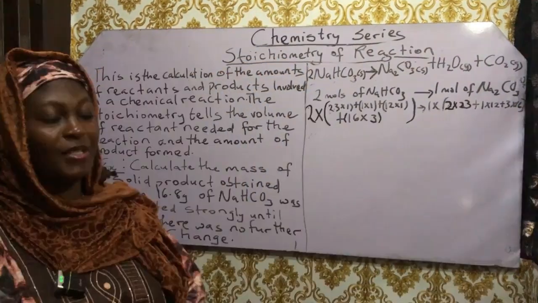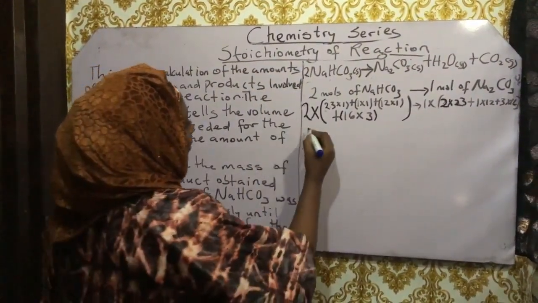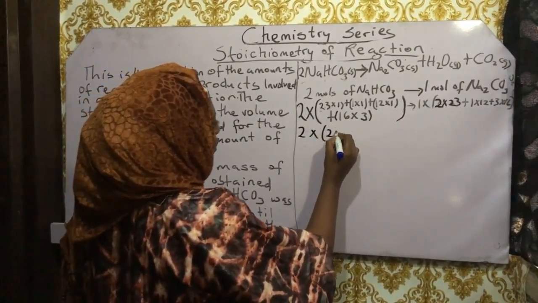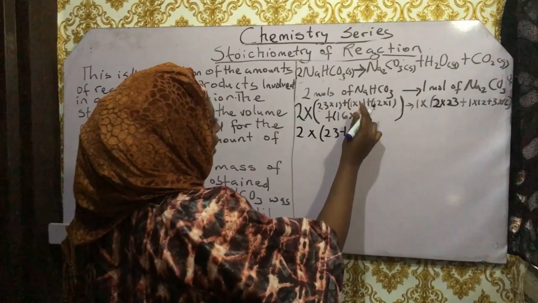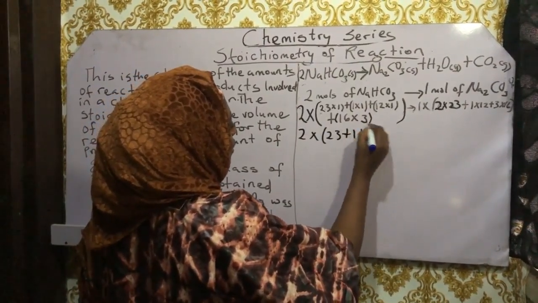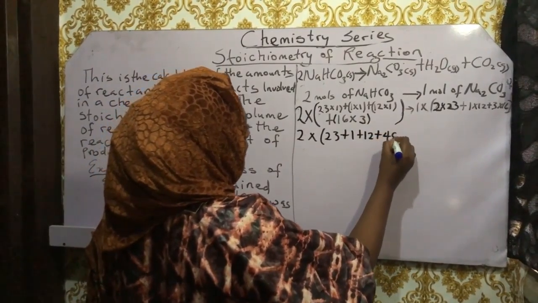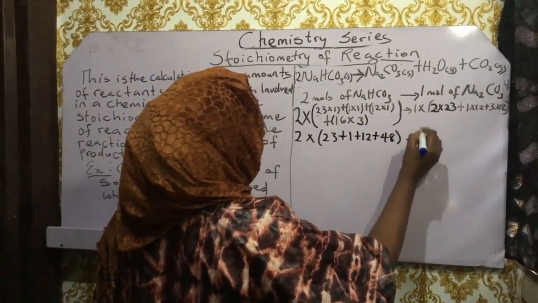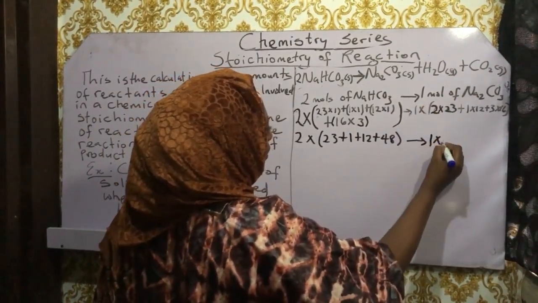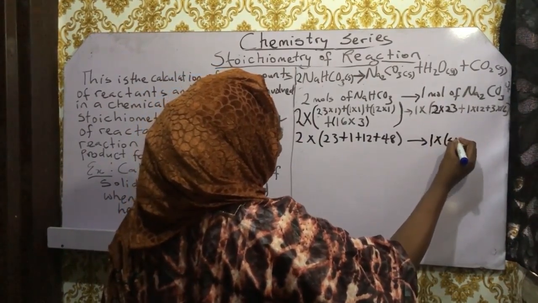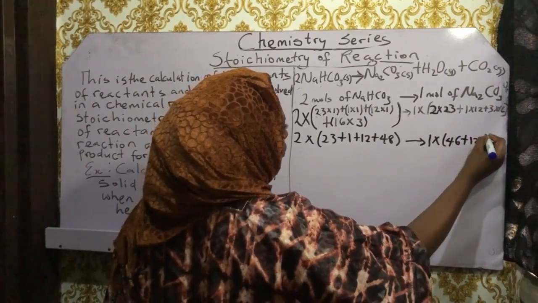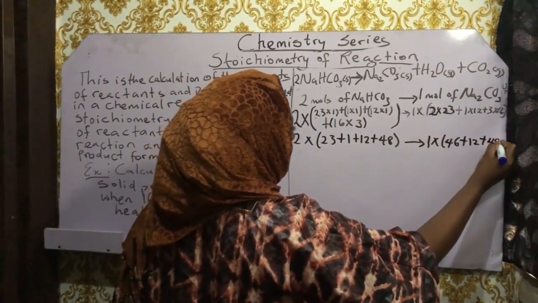So let's see. For NaHCO3: 1 times 23 gives 23, plus 1 times 1 gives 1, plus 12 times 1 gives 12, plus 16 times 3 gives 48. Then the mass of Na2CO3: 2 times 23 gives 46, plus 1 times 12 gives 12, plus 3 times 16 gives 48.